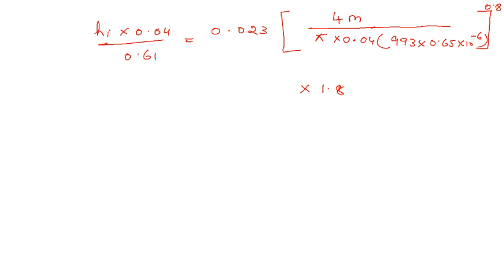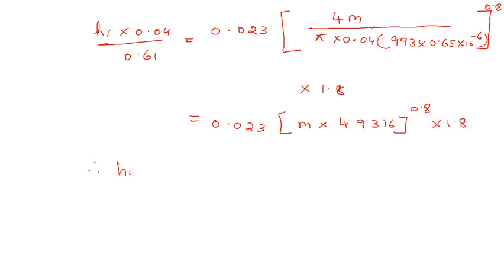Now we can simplify this as 0.023 into mass flow rate into 49316 to the power 0.8 into 1.8.